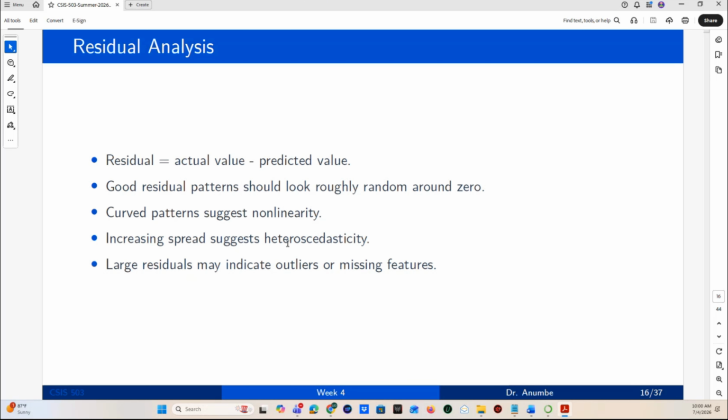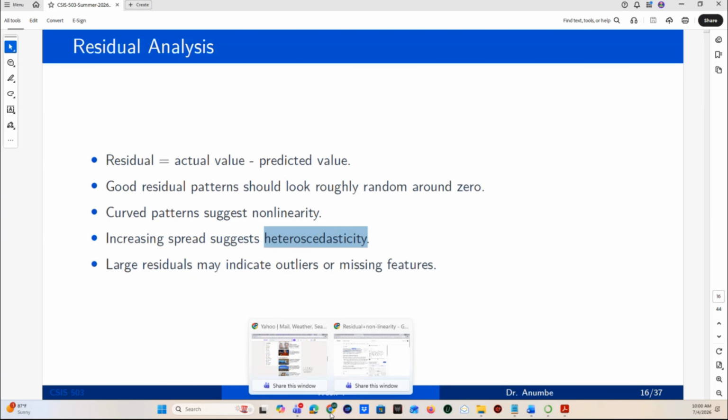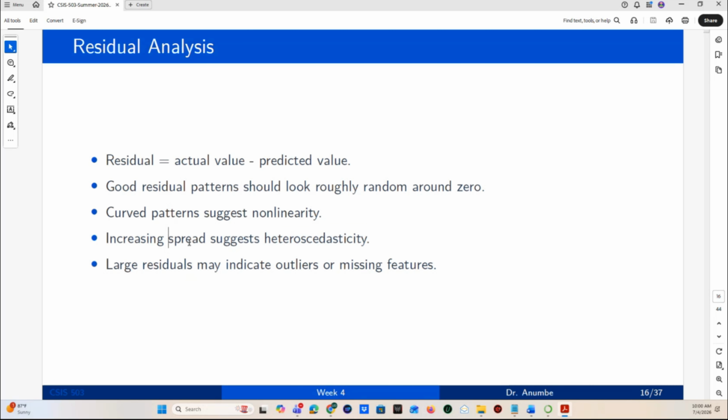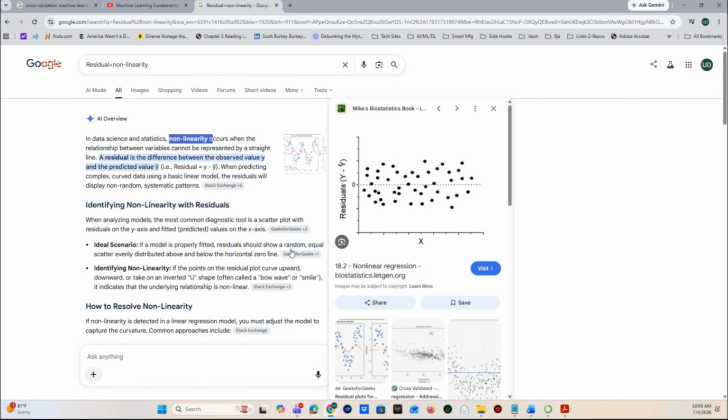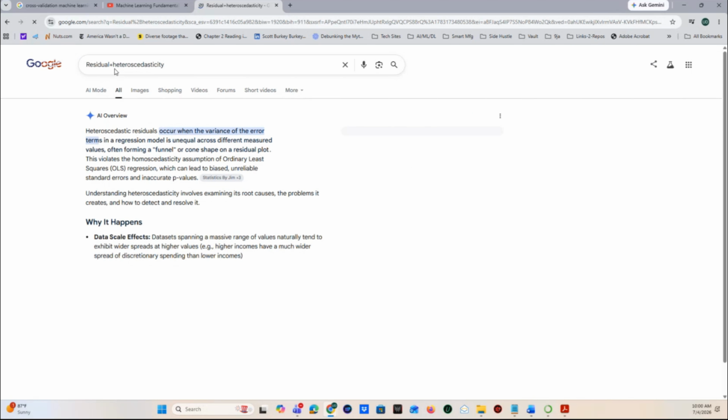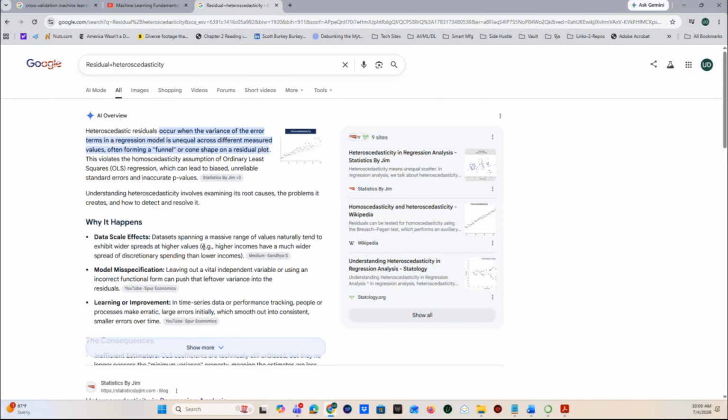Increasing spread suggests heteroscedasticity. Let's look at heteroscedasticity a little bit too. Increasing spread means the spread is all of a sudden going huge. Look at this.